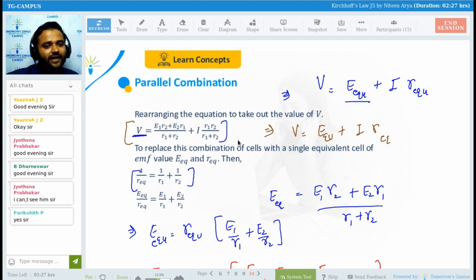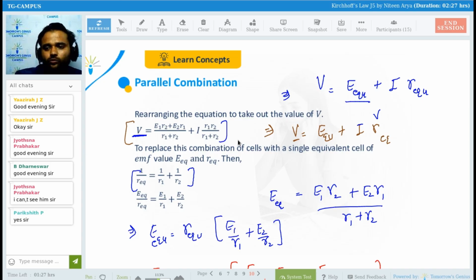So now you can see that this is a little bit larger. Why so? Because some amount of voltage is developed to produce the current through the cells also, or some amount of voltage or EMF is going to be here. Okay.